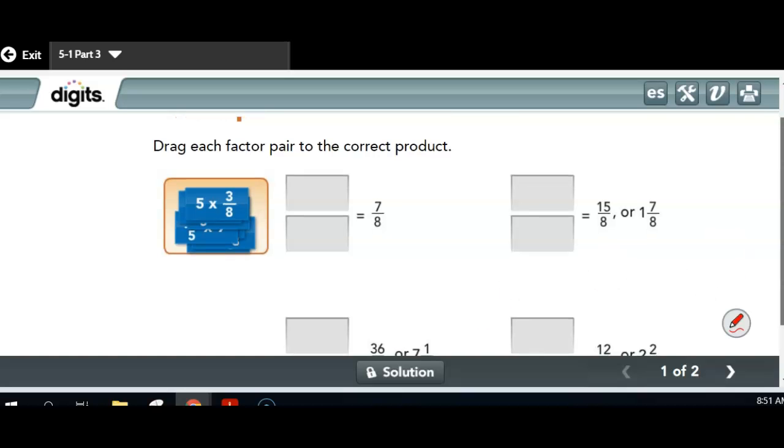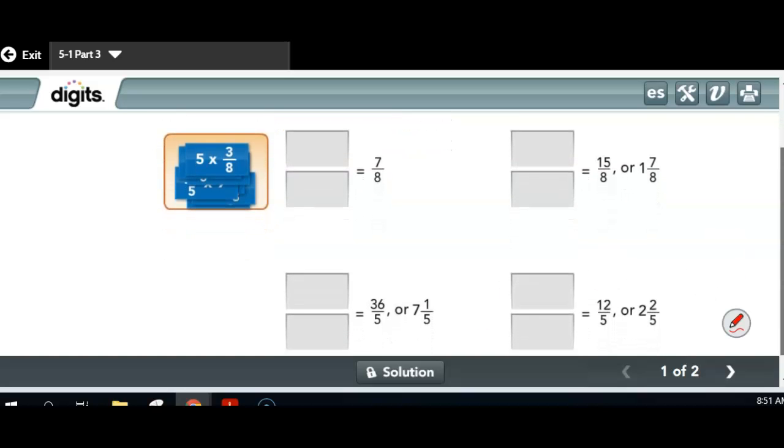Which answer is it going to go through? You're going to put 5 times 3/8 in one of these boxes. Which product does it go into?